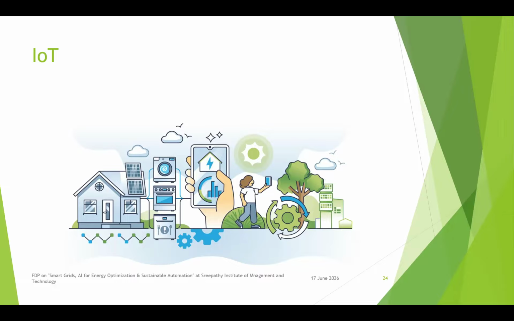The IoT is nowadays used everywhere, and it's adopted in smart grids. Smart grids use IoT for continuous monitoring of data from the sensors, so it exchanges the data during real-time monitoring. This is the representation of the IoT.